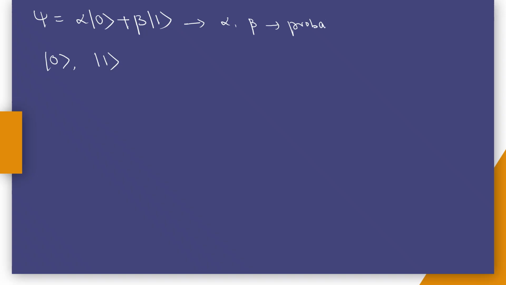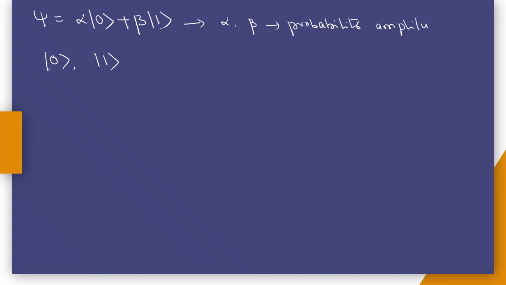In general, if one qubit has two states, the zero state and the one state, the qubit is a representation of the superposition of all the available states in that particular system, where alpha and beta are the probability amplitudes. This is the general representation of a qubit.